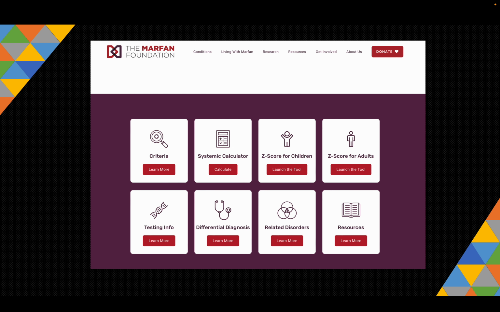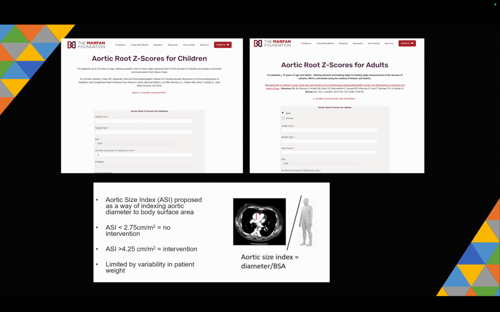If the z-score is more than 2, it's a dilated aorta. And then it gives you hints about genetics, how to do it, and differential diagnosis, and these resources are wonderful. These are the things available, and we also have other parameters for aortic root dilatation.